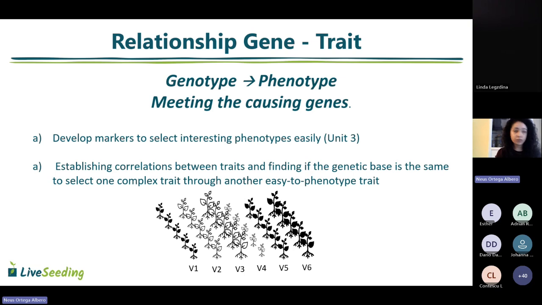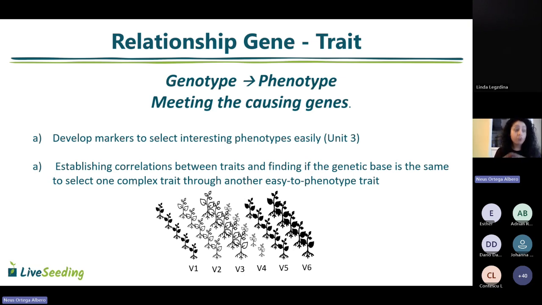The causal relationship between phenotypic differences and genetic variations in a genotype, which means the relationship between a gene and the phenotype and the trait, is of fundamental biological interest. So knowing the causing locus or loci, what we call the genes for a trait, is key for breeding purposes. We have two main goals in knowing this relationship.